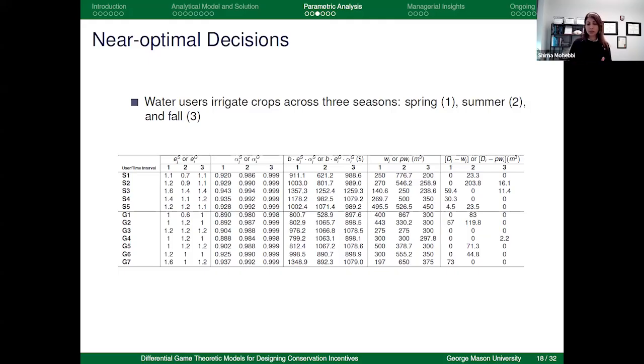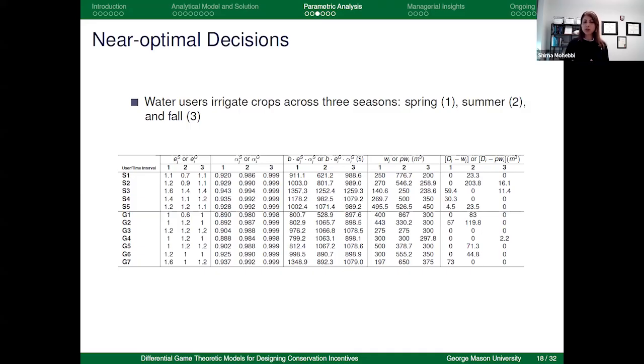The third column shows the willingness of water users to participate in the NGO's incentive program, which is directly affected by the NGO's effort level. The fourth column presents the monetary incentives offered to water users.